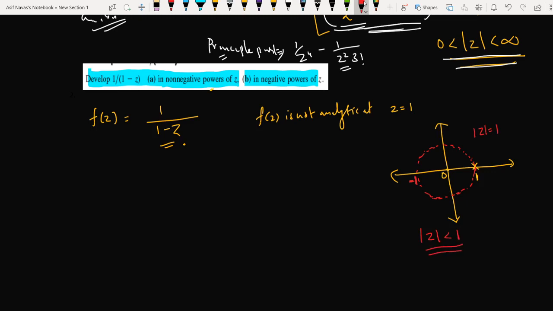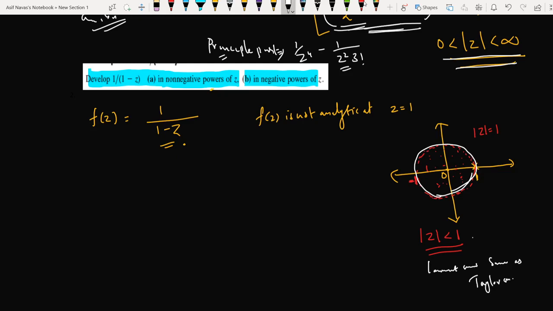In this circle we have a series expansion, and that must be a Taylor series expansion because in this circle the function is analytic at every point. So in this circle the Laurent series is the same as the Taylor or Maclaurin series.